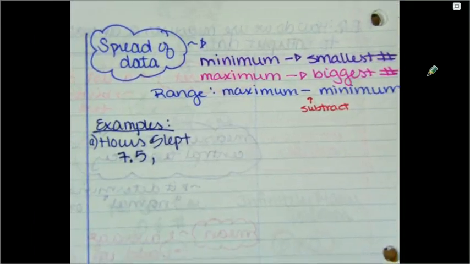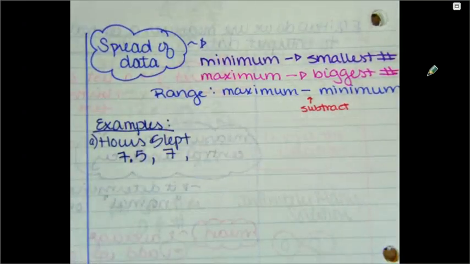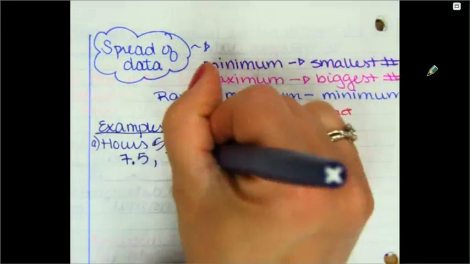I'm just gonna pick people to tell me how long they slept. How many hours did you sleep? When did you go to bed? And then what time did you wake up? Okay, so you slept 7 hours. What time did you wake up? 7.5.